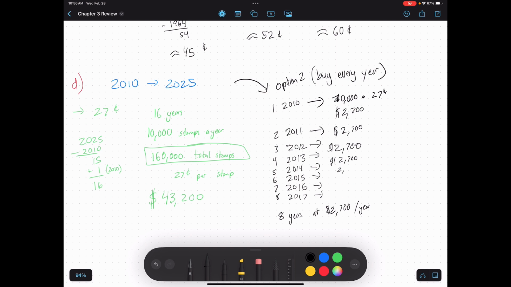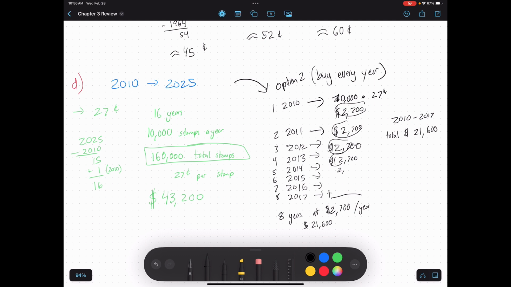So for the years 2010 to 2017, I spent a total of $21,600. Okay? Because that's what I got when I multiplied these two things together. Or if I added all of these together, if I summed all these up, I would get $21,600.